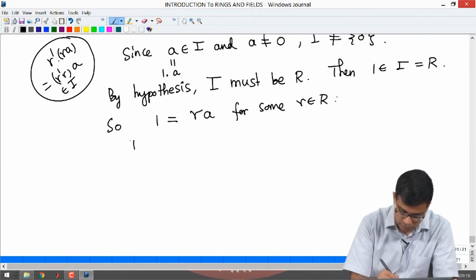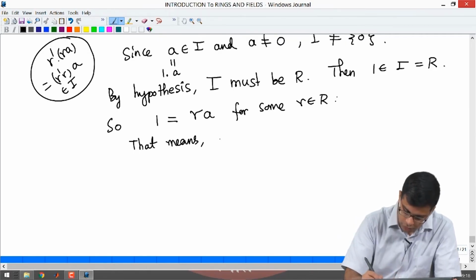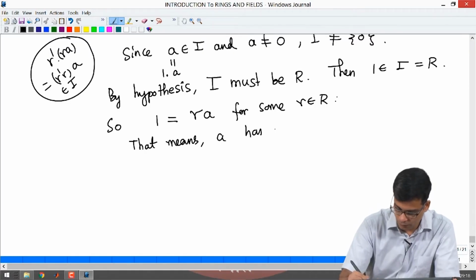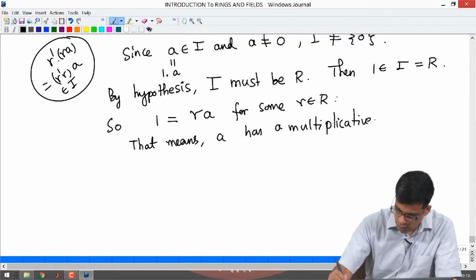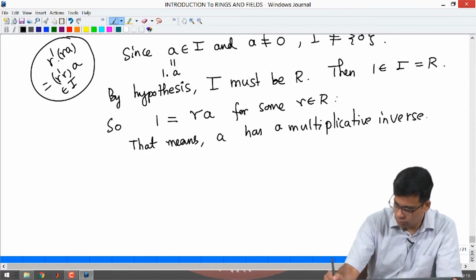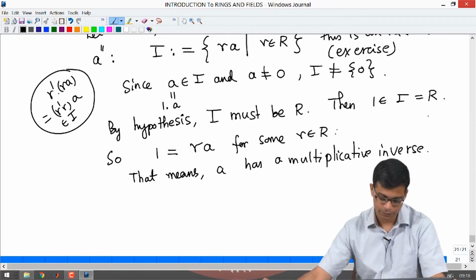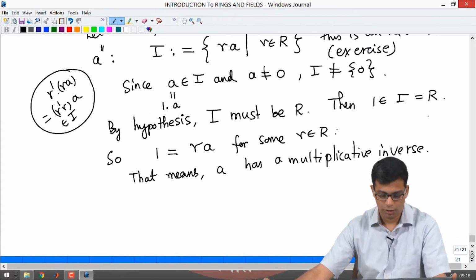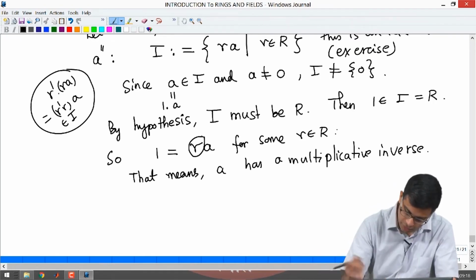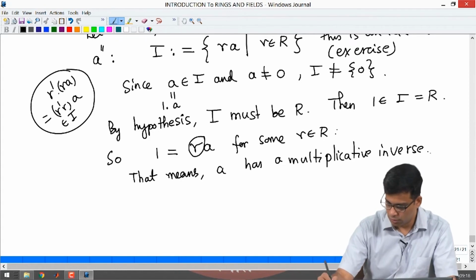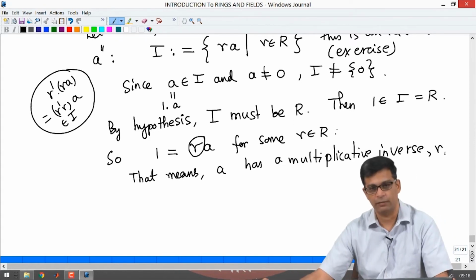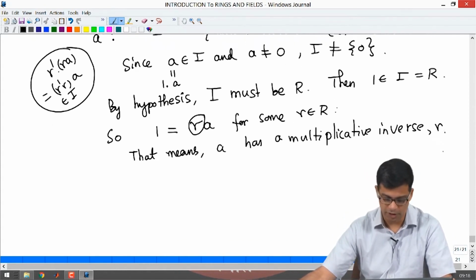That means a has a multiplicative inverse. Right. So, a has a multiplicative inverse. We have produced an element r such that r times a is 1. So, that means r is the multiplicative inverse of a. So, a has a multiplicative inverse.